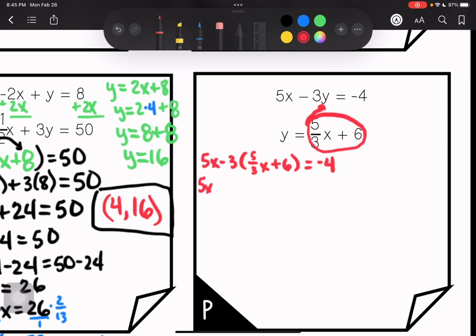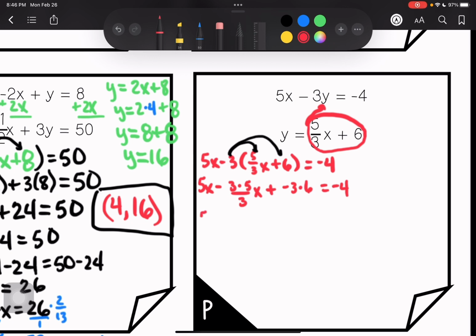So we have 5x minus 3 times 5 divided by 3x plus negative 3 times 6 equals negative 4. And remember that negative 3 is distributed, so that's what we did.